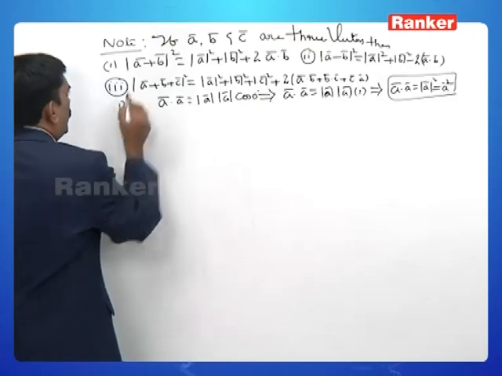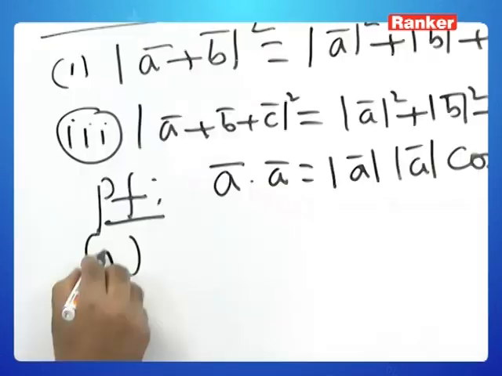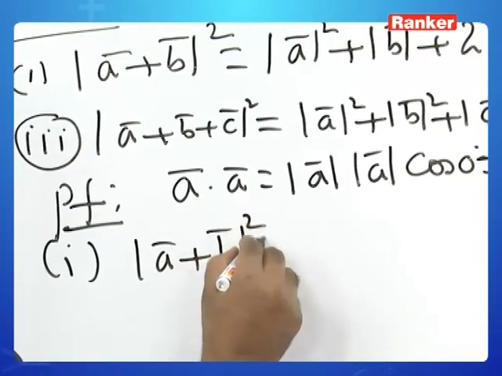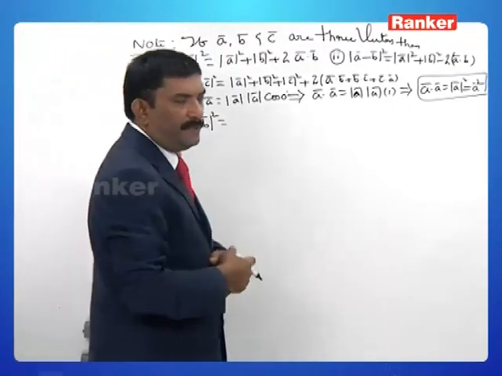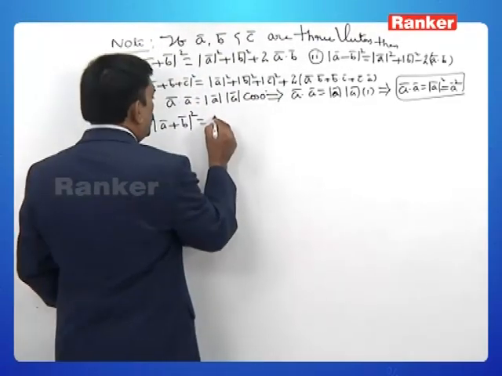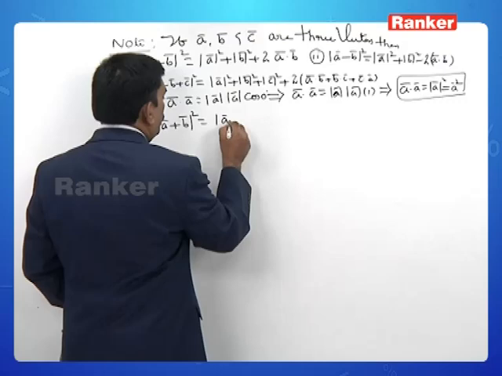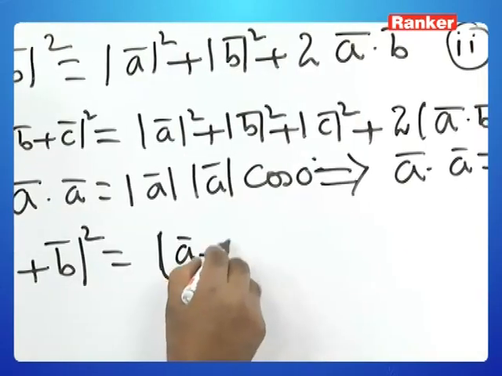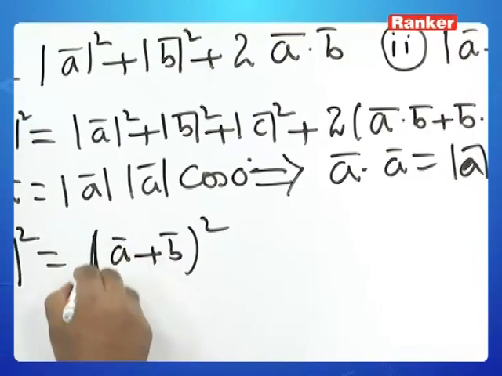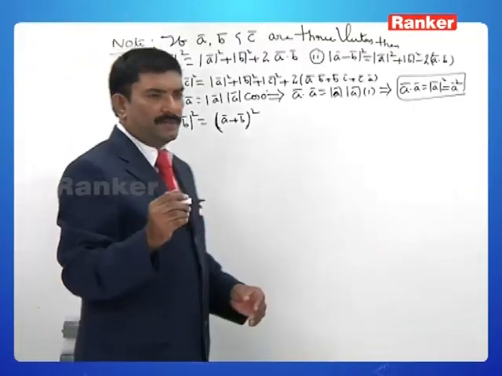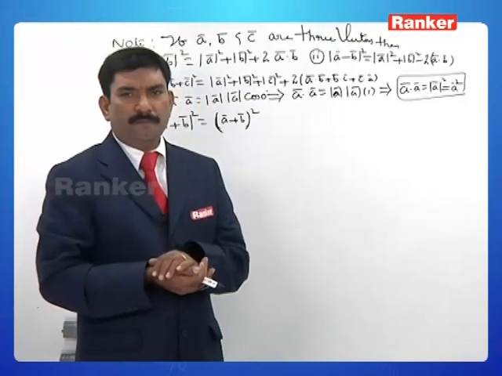Now, the first one is modulus of A bar plus B bar whole square. Addition of two vectors is one vector.